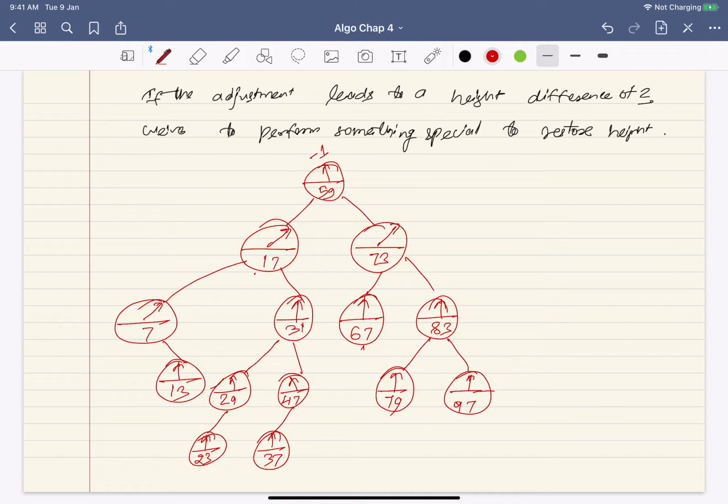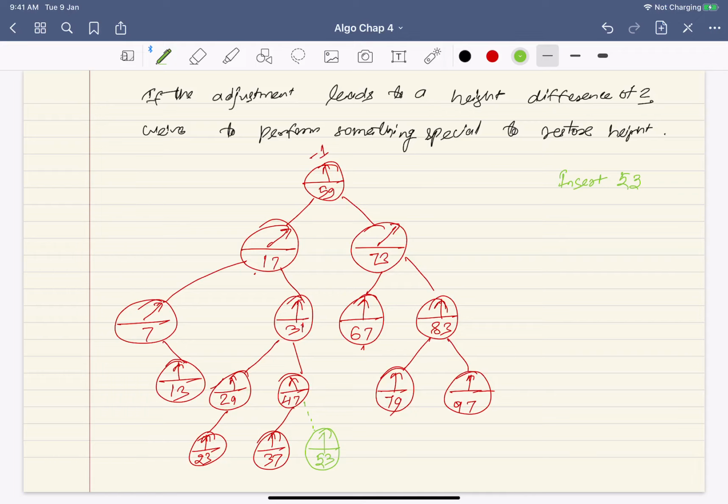Now suppose I insert some node. Suppose I insert 53. So let's see what happens if I insert 53. So I search 59, I go left, 17 I go to the right, 31 I go right, 47 I go right. I don't find a node, it's a nil pointer, that means I have to insert. So I insert 53.